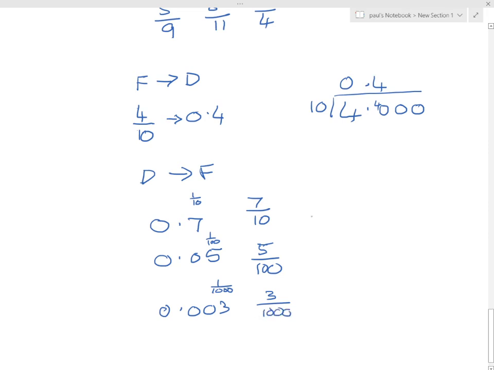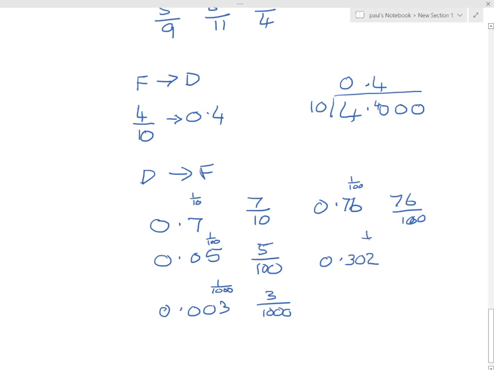Now if we've got double numbers, 0.76, you take a look at the last number and decide that that's in the hundredths. So you would have 76 over 100. 0.302.